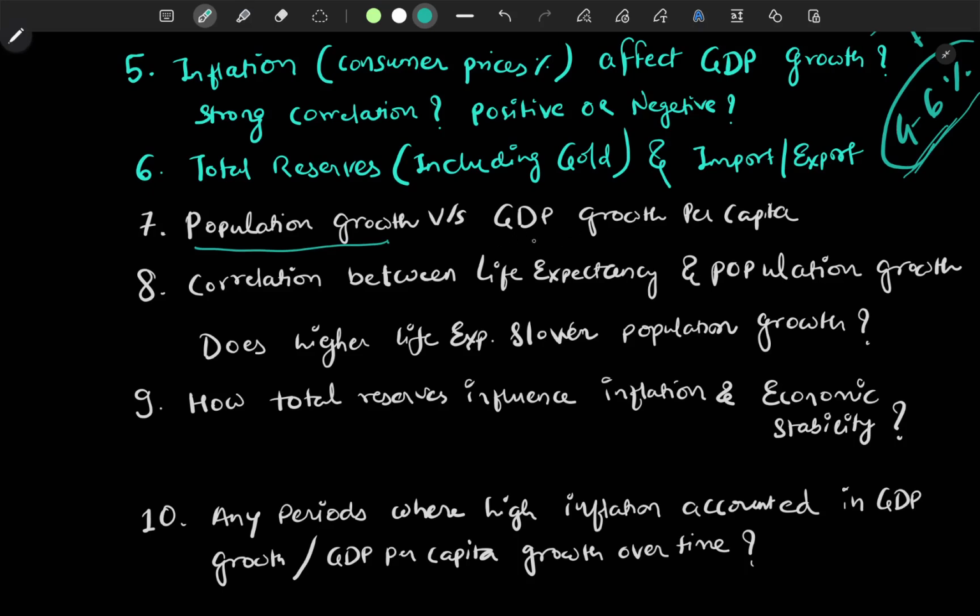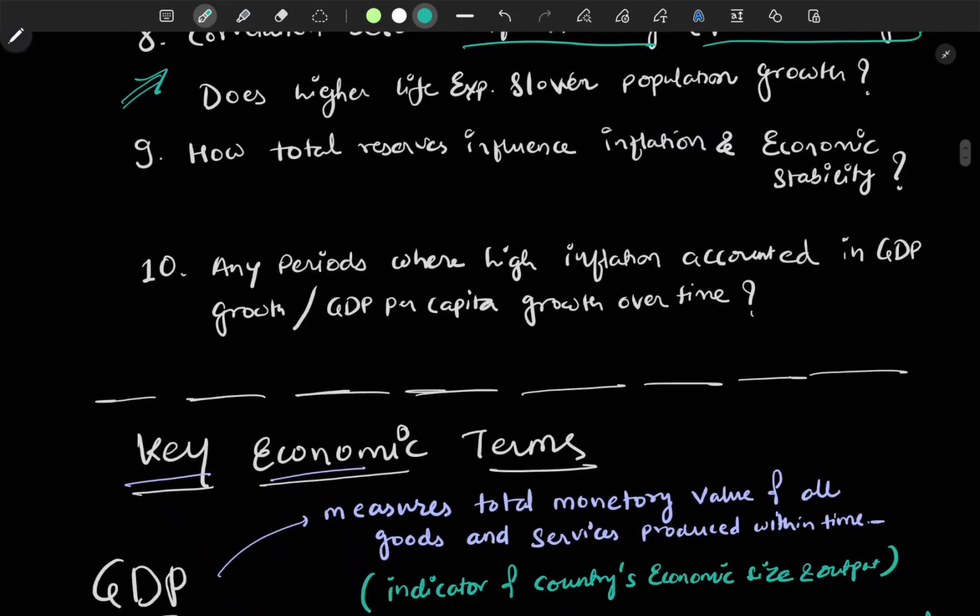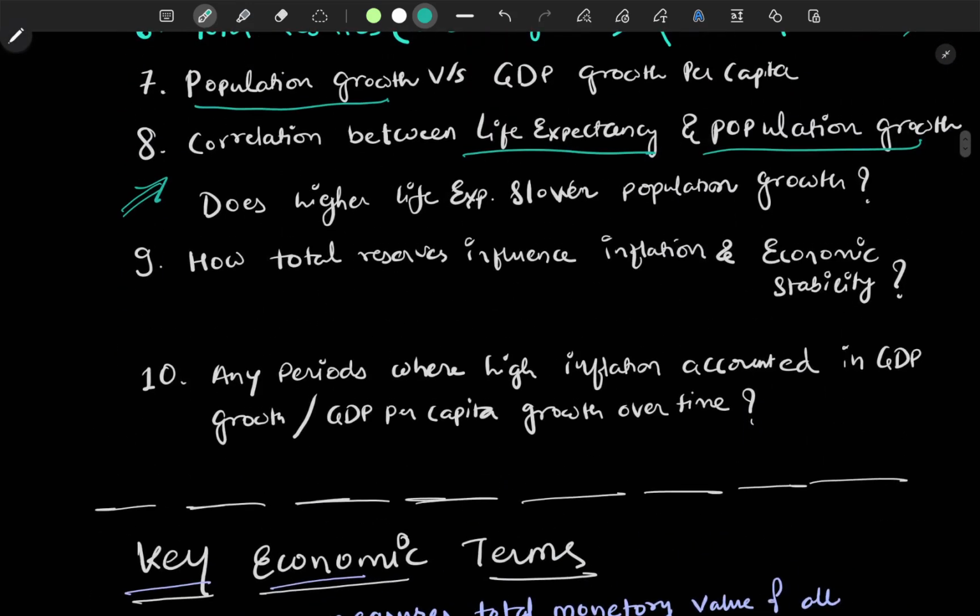So we'll analyze that and find the correlations between life expectancy and population growth. Suppose population growth is declining, the life expectancy should be increasing. We'll find some patterns in it, to see if the current theory holds or not.